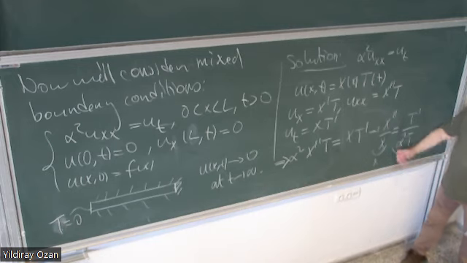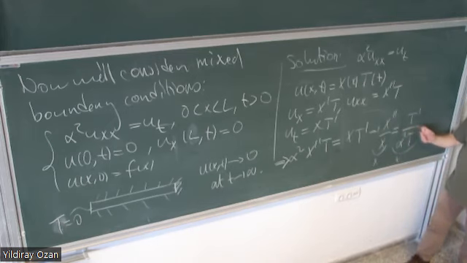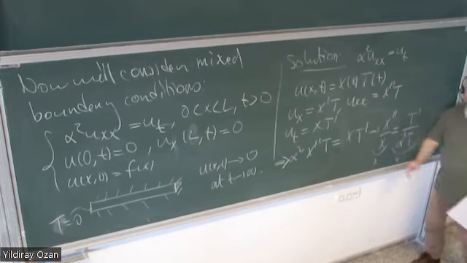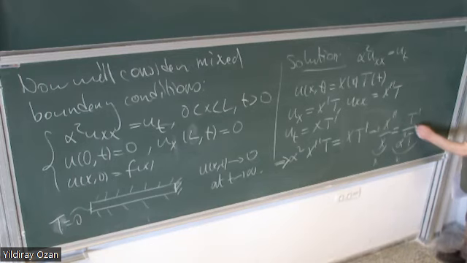In that case, this will not change. This may change, but since they're equal, this won't change either. Therefore, we conclude that both of them are just constant functions. And we say that this constant is, let's say, minus lambda.